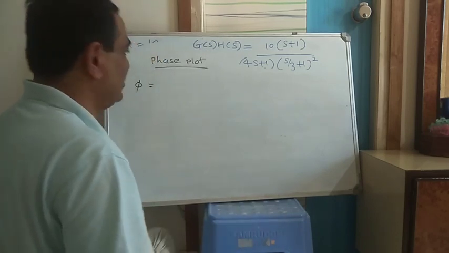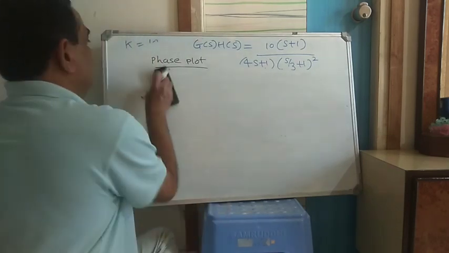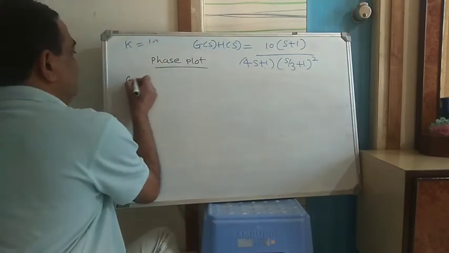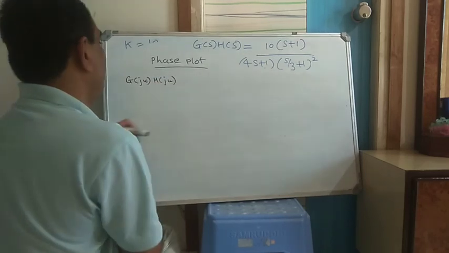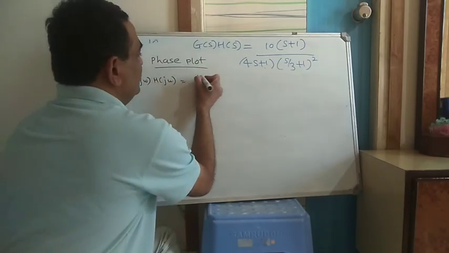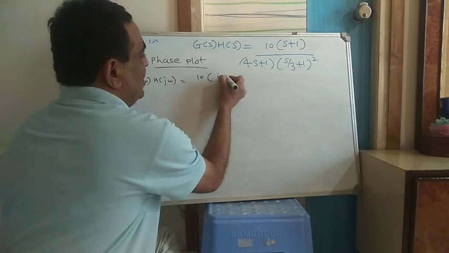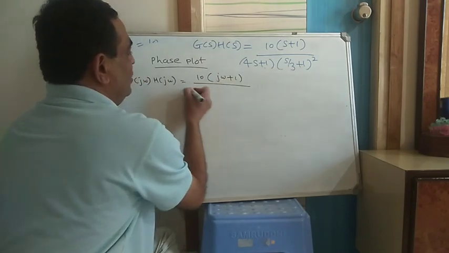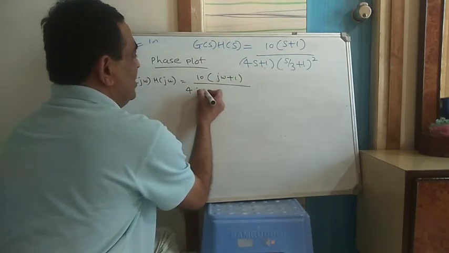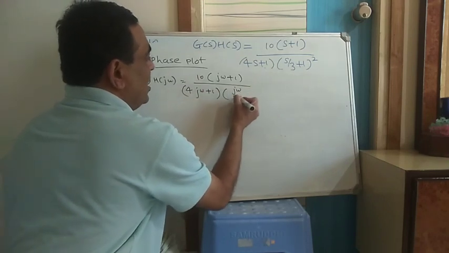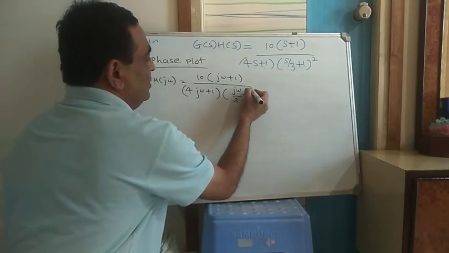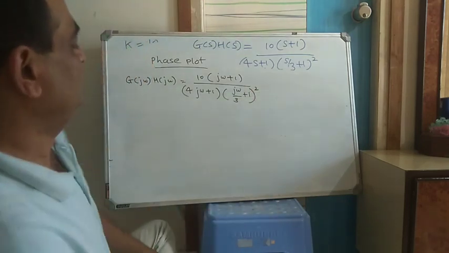I will replace it, so G of j omega H of j omega is equal to (j omega + 1) upon (4 j omega + 1) times (j omega by 3 + 1) whole square, okay.